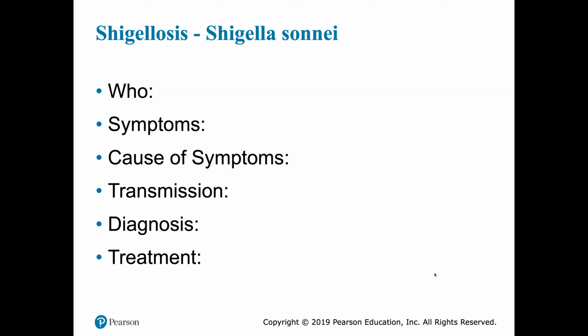Diagnosis. You can take a stool sample and plate it on MacConkey and several other types of media, blood agar for instance. You can take a rectal swab and try to look at it under a microscope.